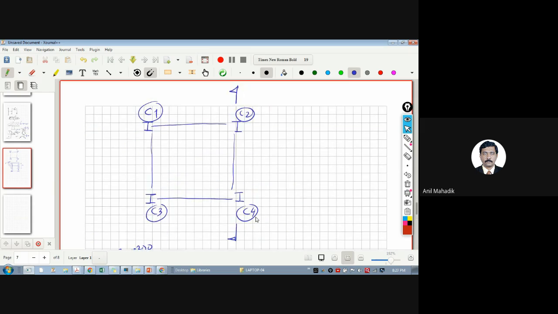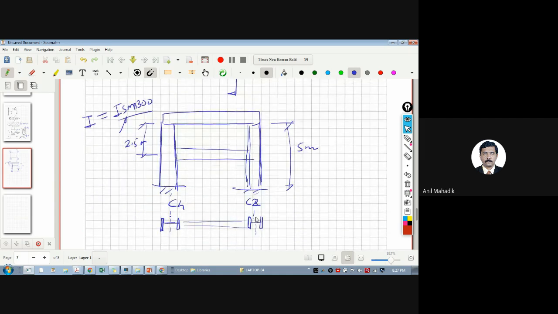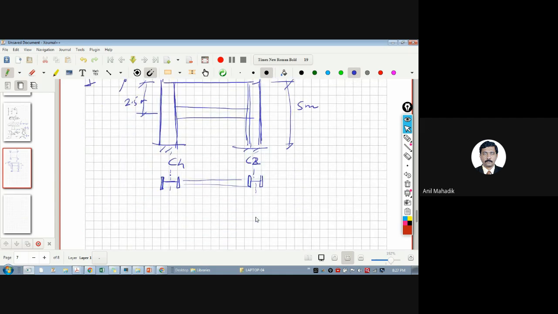Your column is governed by the minimum value of R. So which is the minimum R value? Is it RXX or RYY? This is my XX of the column, and this is my RYY. Yes or no? So should I tie for the RXX value or the RYY value? In which direction should I tie?